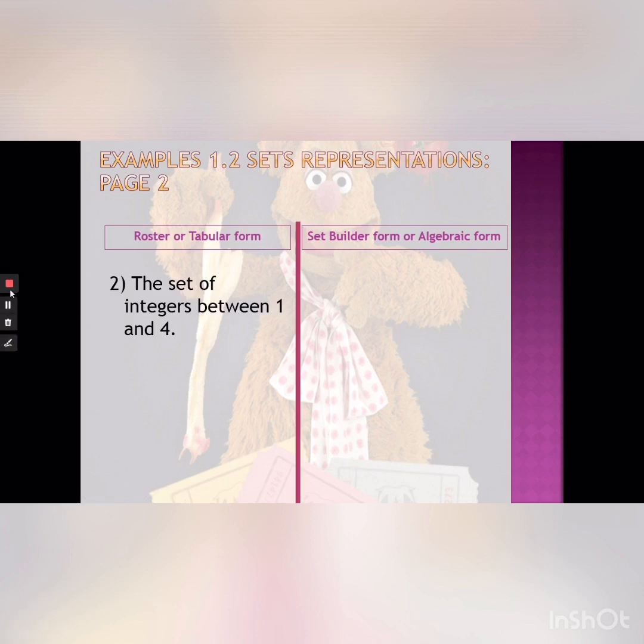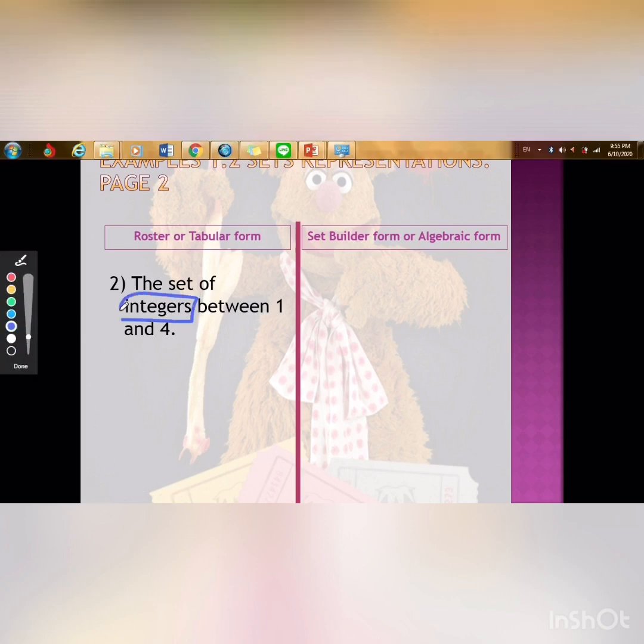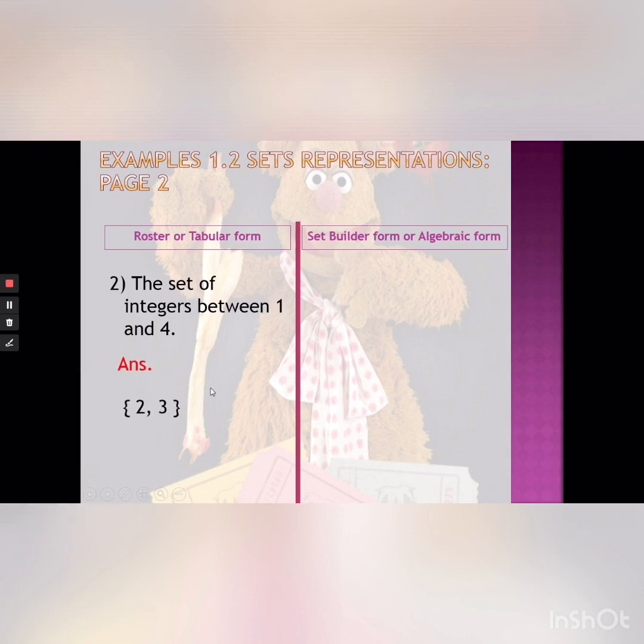From the word integers, you already have an idea that the symbol is I or Z. Since it is not specified if it's positive, zero, or whatever, you have to understand the last statement, between 1 and 4. So the answer will be 2 and 3.